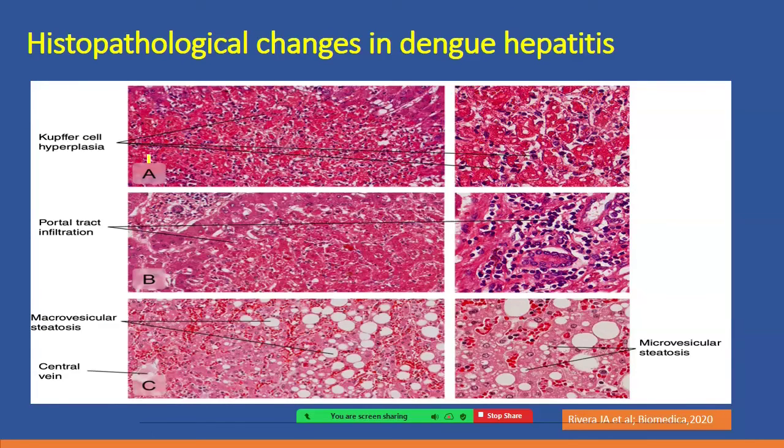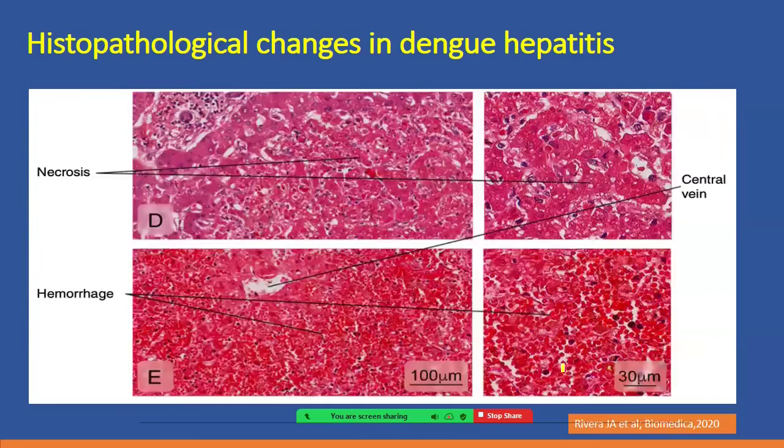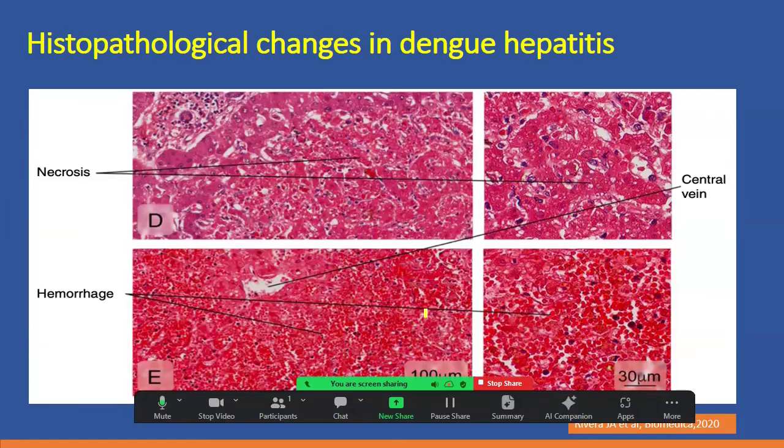What we usually see is Kupffer cell hyperplasia, portal tract inflammation, which is usually mononuclear, and macrovesicular as well as microvesicular steatosis. Necrosis can also be seen with Councilman bodies, and necrosis increases with increase in involvement of liver and disease severity. We can also see hemorrhages inside the liver parenchyma, as seen in this photograph.